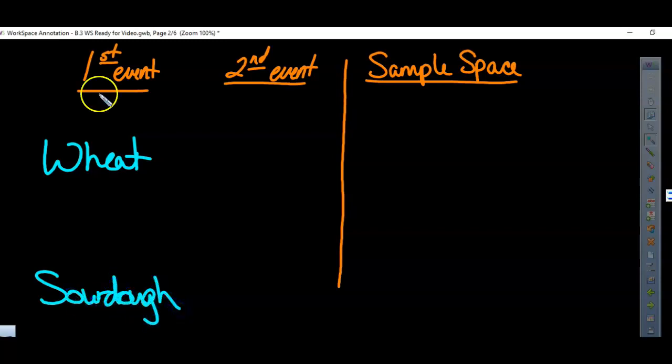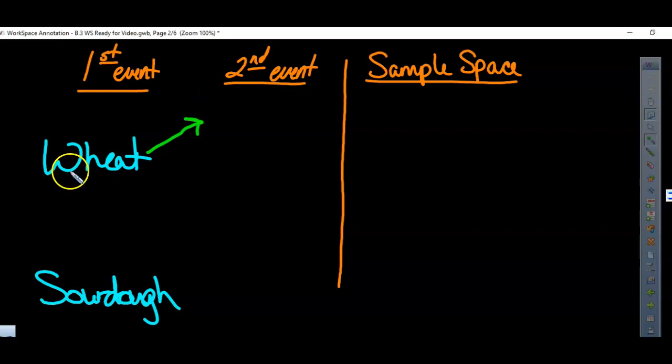Okay? So now we're listing the options for event 1, or the first event, straight on down. For the second event, each first event gives us a choice, it provides us a route to a second option or a second event choice.